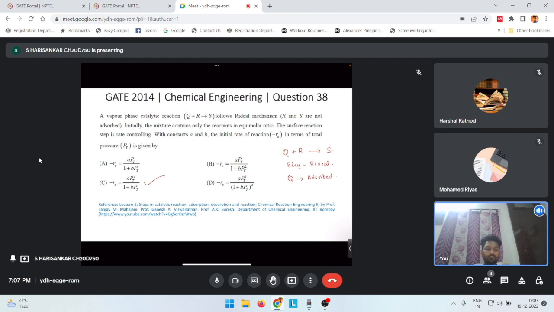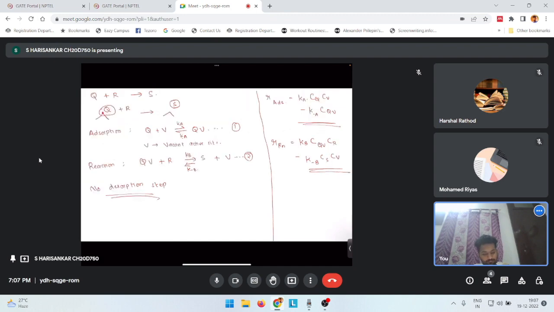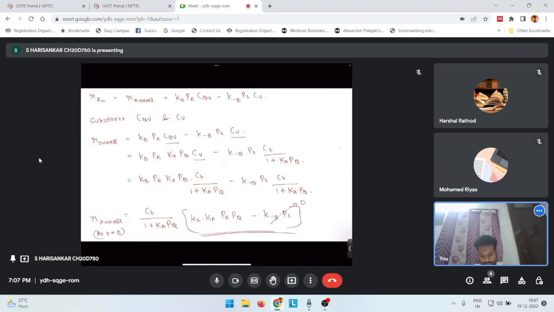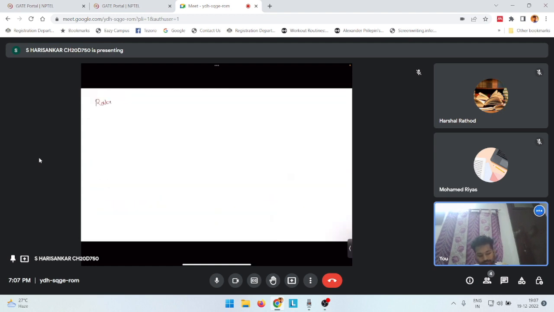Whatever is our rate determining step, the rate of this rate determining step will be the overall reaction rate, and that is not equal to 0.